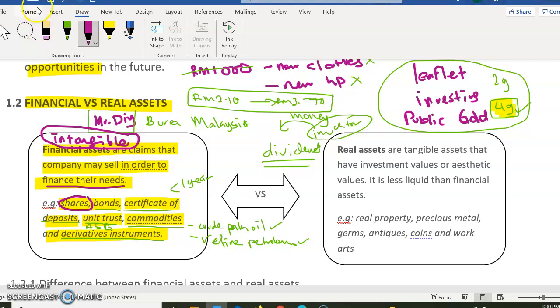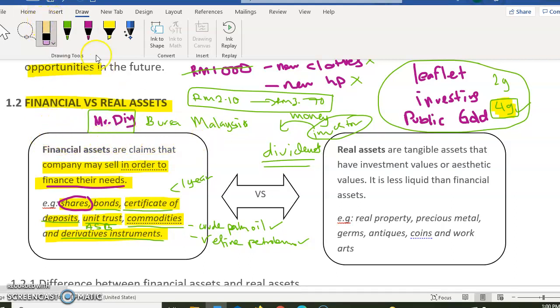Okay, intangible. Right? Okay. So next kita nak tengok what does it mean by real asset. Okay, real asset adalah tangible asset. Compared to financial asset which kita tak boleh nampak, but this one, dia adalah tangible. So you can see it with your own eyes secara physical. Okay.